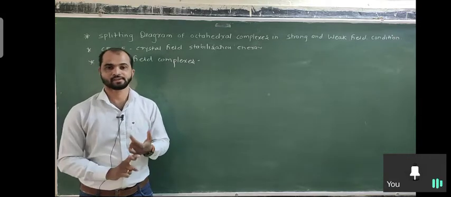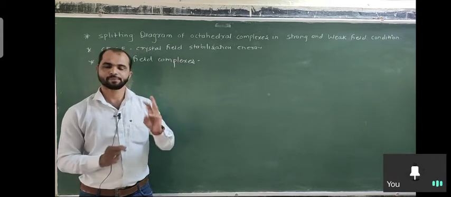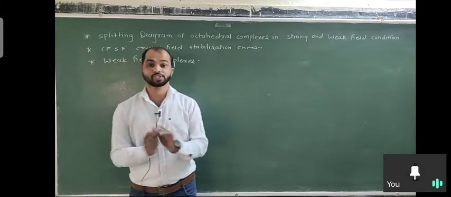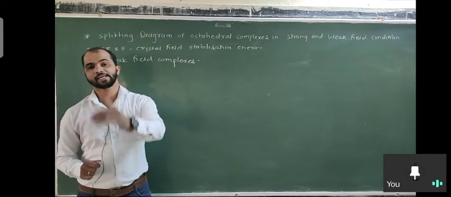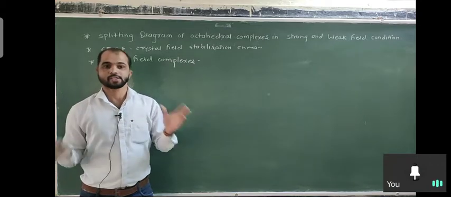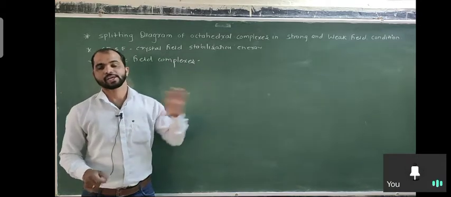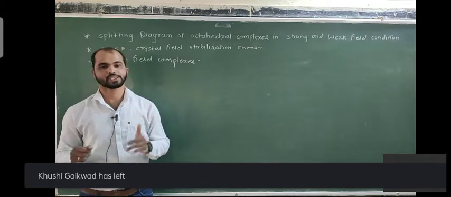D4, D5 and D6 mostly show differences. But for D8, D9 and D10, again the CFSE and splitting are the same in strong as well as in weak condition. So here we are going to discuss only the D4 to D7 system.